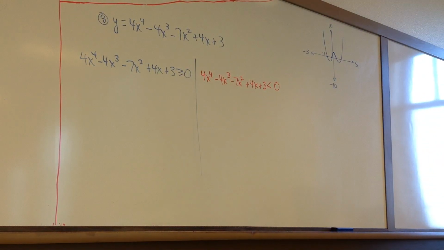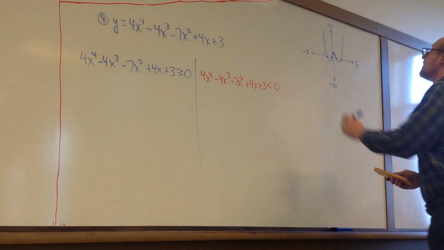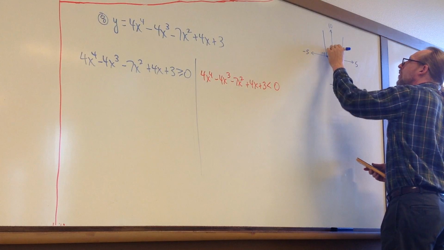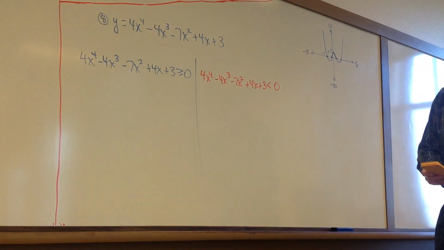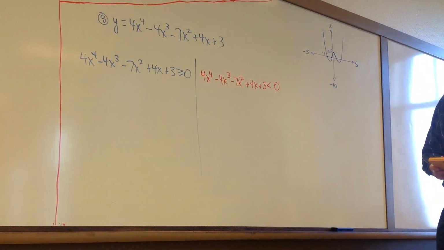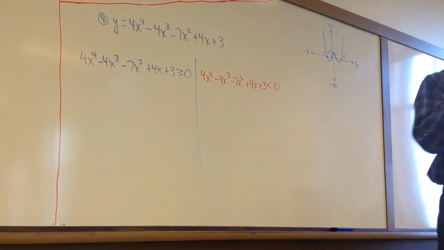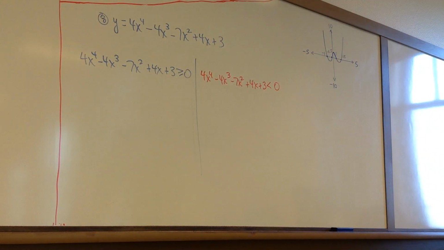And then the one next to it, let's see where that is. That is -1/2. And then that next root, I think that's going to be at +1. Yeah. And then the one next to it, I think, is going to be +1.5. Okay. So now we've got the roots identified.